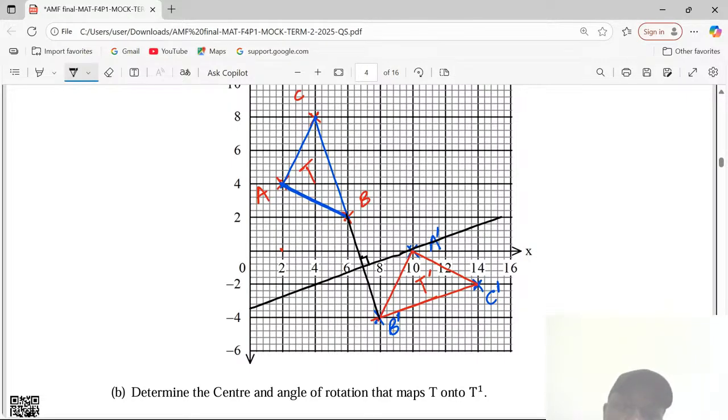That one is done. We can do another coordinate like C prime or A prime. Let me do it for A prime. So you connect A to A prime, and you also bisect it perpendicularly.